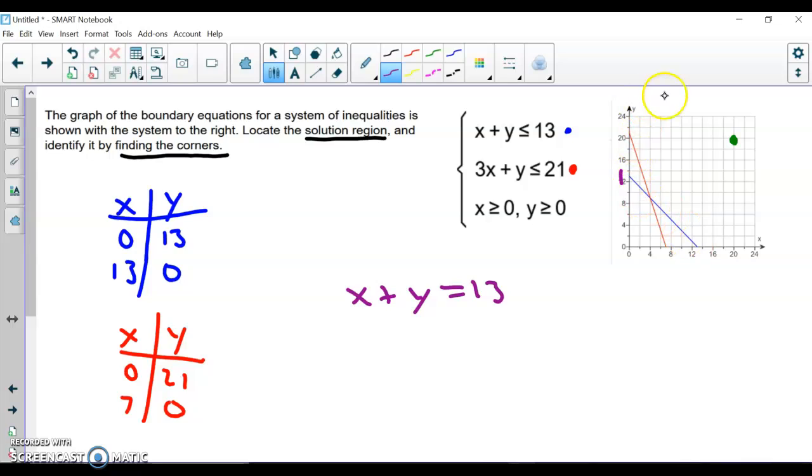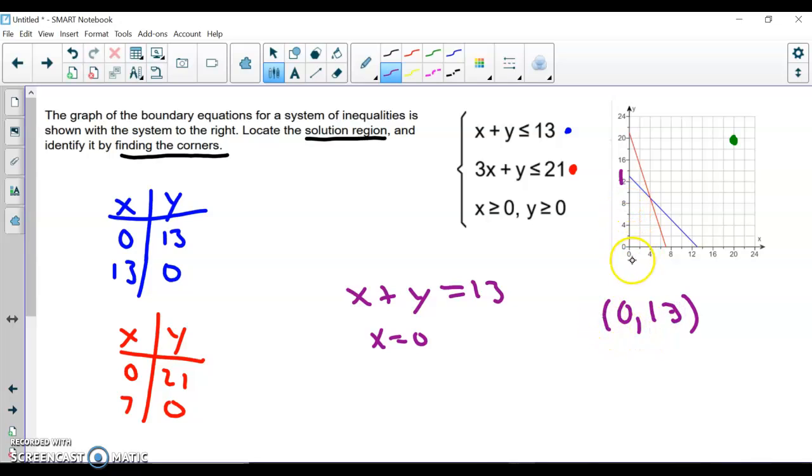That's intersecting with the fact that x is 0. This vertical line is x equals 0. Anywhere on that line, x is 0. So if you make x 0, we figure out that must be the point 0, 13, and it always happens to be one of the points we use. Another reason why I like doing the intercepts when we graph by hand, because it always ends up coming back as one of the corner points. Anyway, so there's 0, 13.